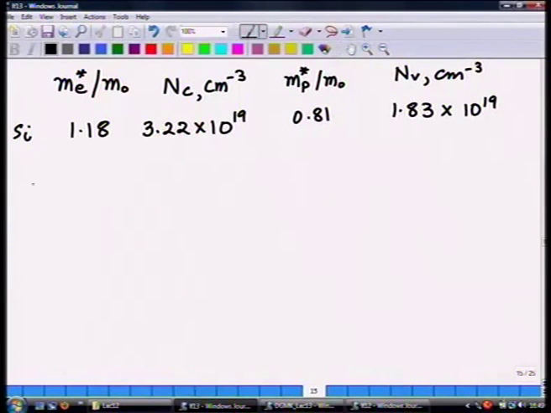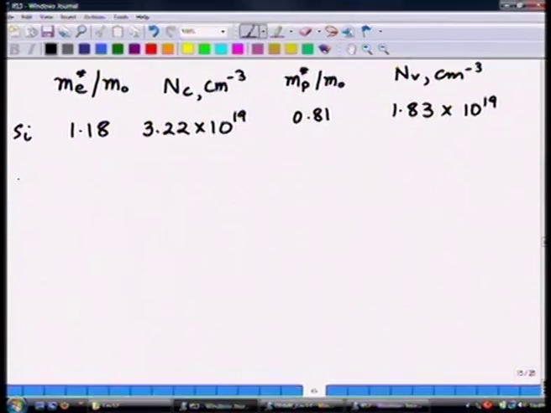The effective density of states is about 10 to the power 19 per centimeter cube in silicon. Remember, the number of silicon atoms is 10 to the power 22 per centimeter cube. Yet, why we call it the effective density of states is, notice that this number is not 10 to the power 22 per centimeter cube, but just 10 to the power 19.